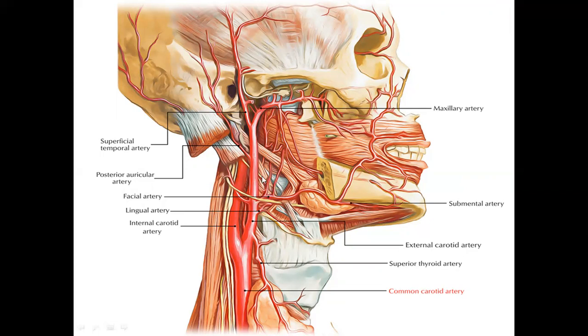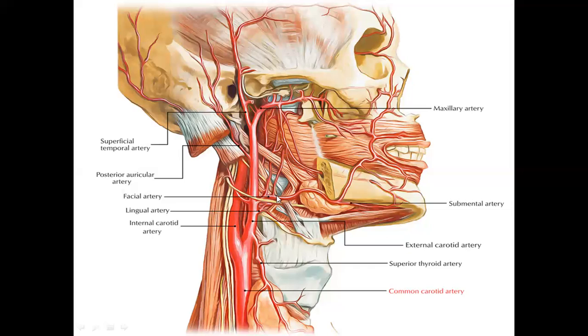The ascending palatine supplies the tonsils, the soft palate, the auditory tube or Eustachian tube, and the tensor veli palatini. It runs over the superior constrictor muscle. This is the tonsillar branch, which pierces the superior constrictor and supplies the palatine tonsil.